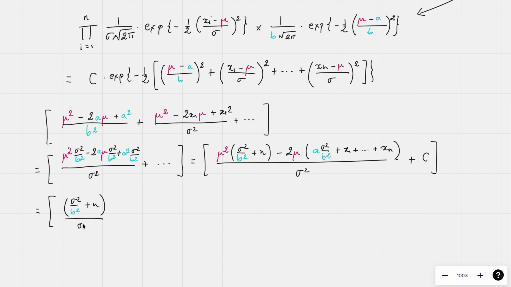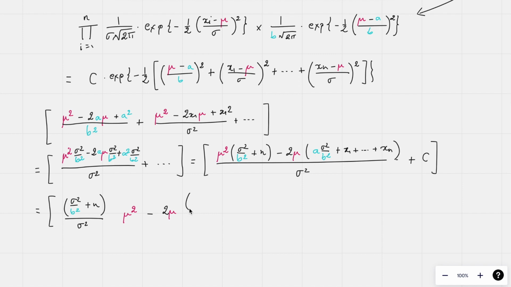Okay, I've taken it out, and then we say divided by sigma squared. This is the sigma squared that is here, and now we have mu squared here minus 2 times mu, and this term here, I need to divide it by that, which I have taken out of the ratio. So that's going to be a new ratio that I write.